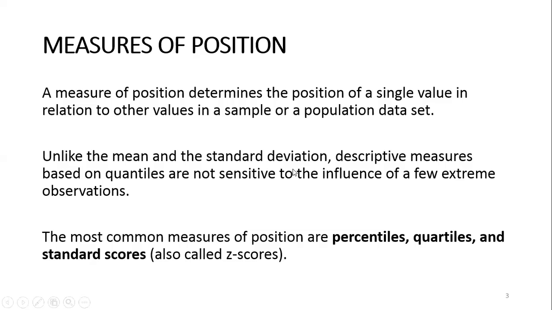The most commonly used measures of position are percentiles, quartiles, and standard scores, also called z-scores. In descriptive statistics, we talk about measures of central tendency and measures of dispersion, like mean, median, mode, variance, standard deviation. Then there are also measures of position. That's where we have percentiles, quartiles, and so forth.